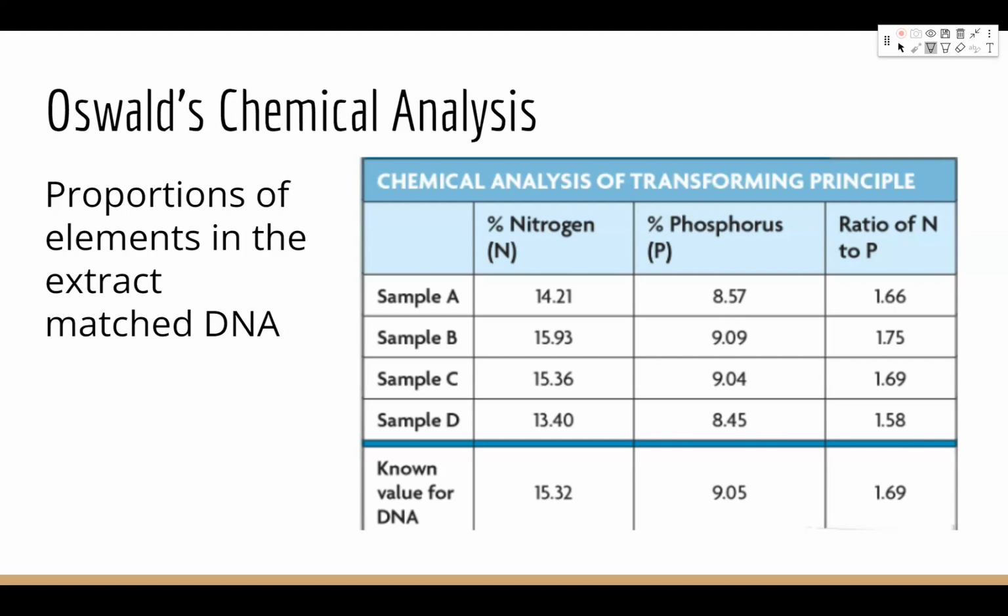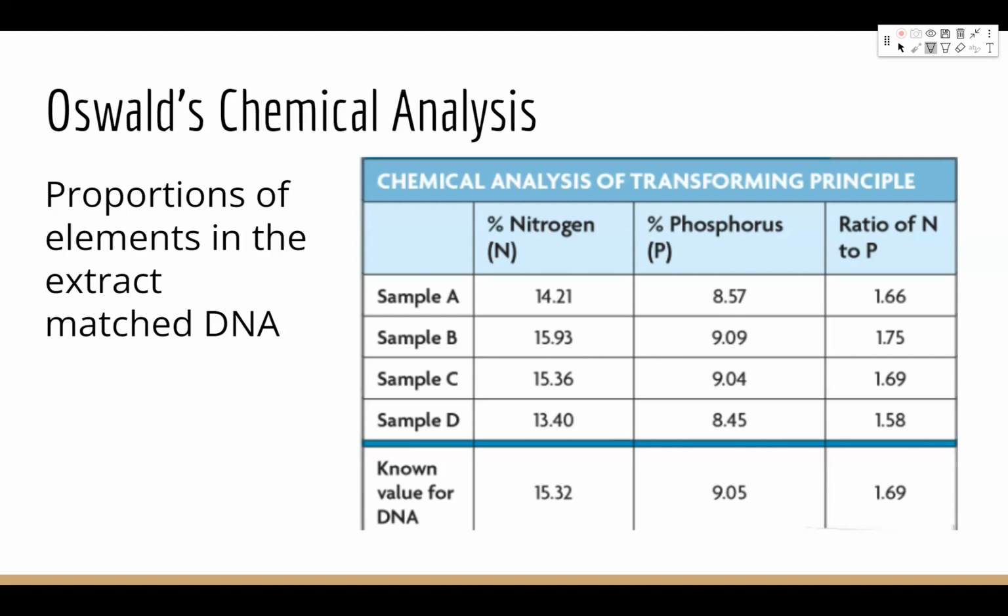They had 4 different samples of this transforming principle. And every single time they did this experiment, they measured what percent of it was nitrogen, what percent of it was phosphorus, and that ratio. The first number divided by the second number. And they all came out around the same.